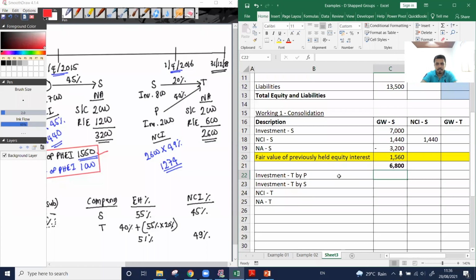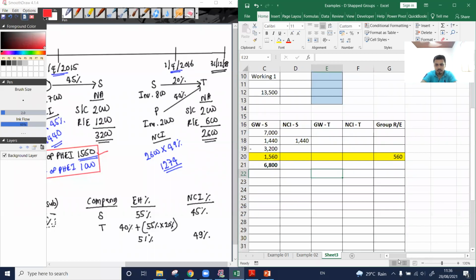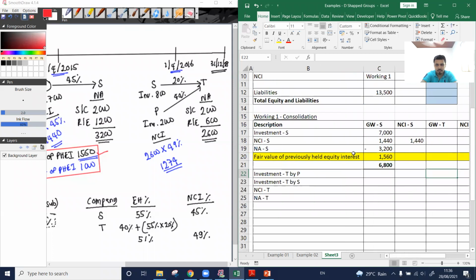Investment in T by P. What is the investment value? To acquire this 40% of T, P has invested 2,000. And to acquire this 20% in T, S has invested 800.